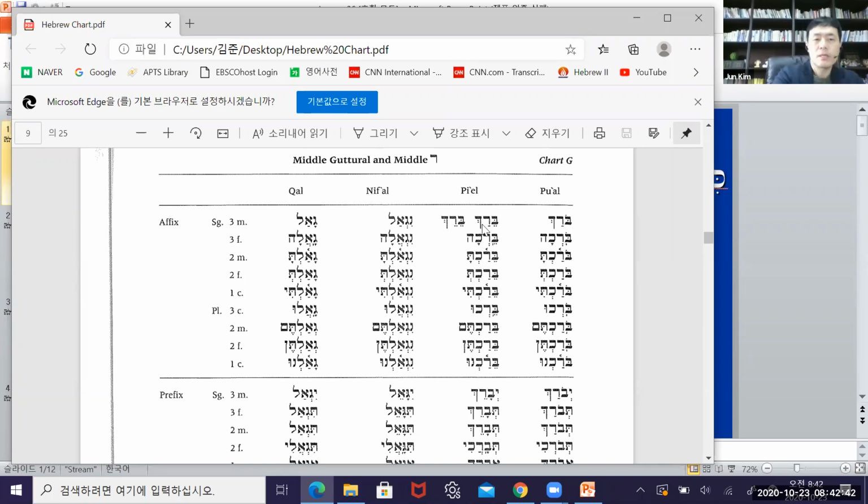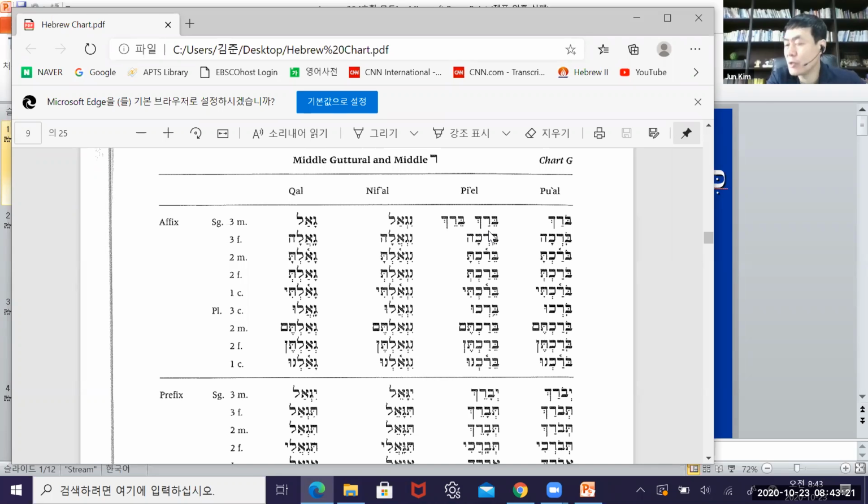Okay, look at this. Let's start with the affix form. This one must be taking the dagesh in the middle for the Piel stem. In this case, we can expect that the first vowel pointing should be compensated. So now you have tsere, but it is not supposed to be tsere. In the Qal, for the strong verb, what do we expect for the strong verb?